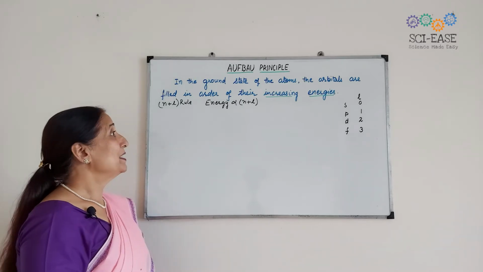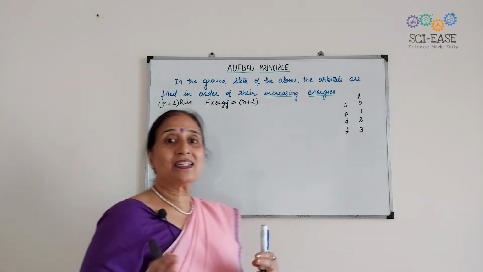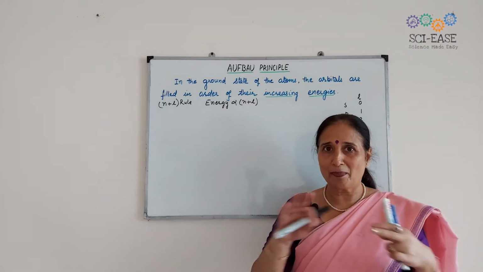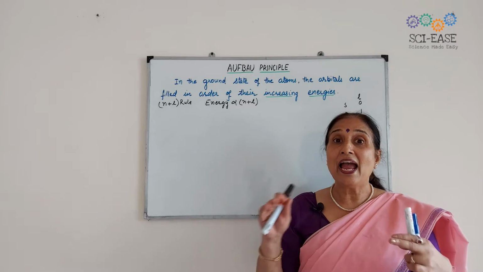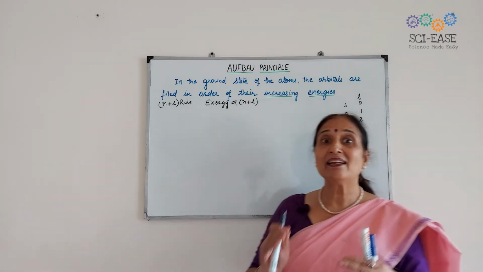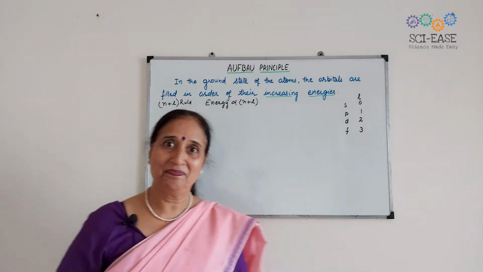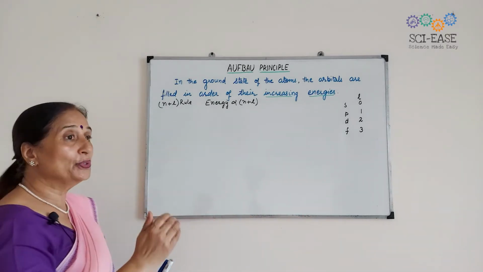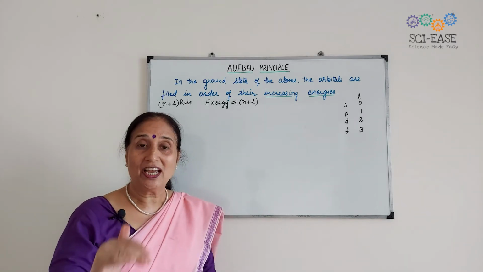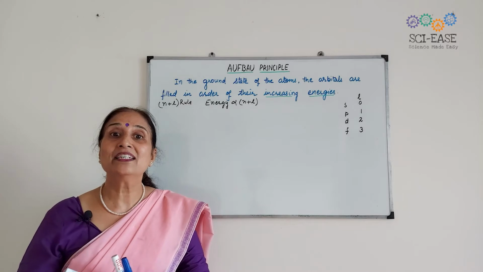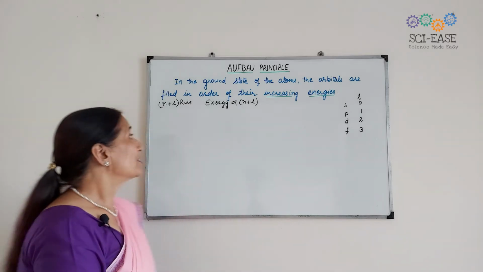Suppose there is a row of some orbitals given, and you are to arrange those orbitals in increasing order of their energy.